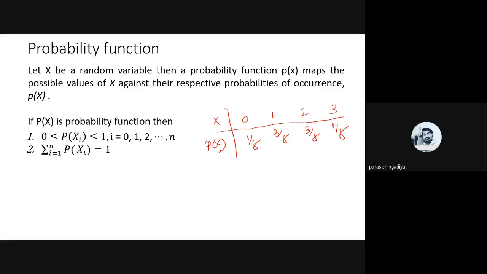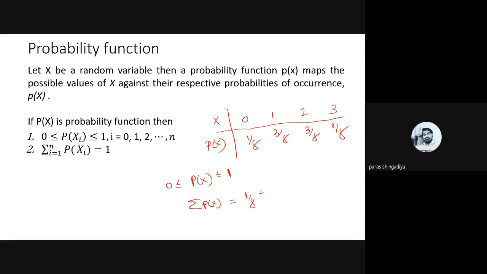So here, all the values of p of x, that is 1 by 8, 3 by 8, 3 by 8, 1 by 8, you can check in the calculator what the answers of 3 by 8 and 1 by 8 are. It is obvious that they are always between 0 and 1. So the first condition is correct. Now the second condition: the sum of the probabilities, sum of p of x. What will the answer be?